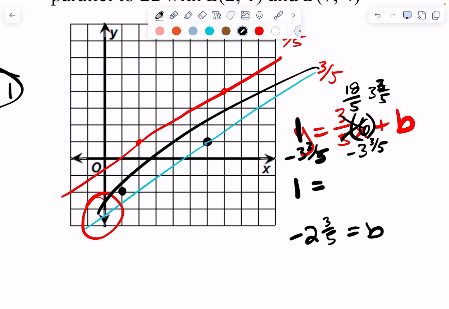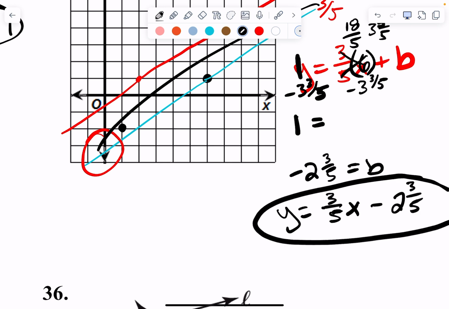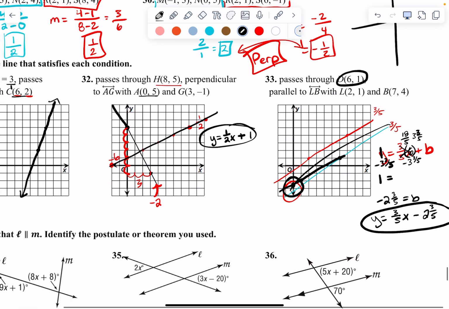Yeah? So y equals 3/5 x minus 2 and 3/5. So it should actually touch right here. Right there. Gross.